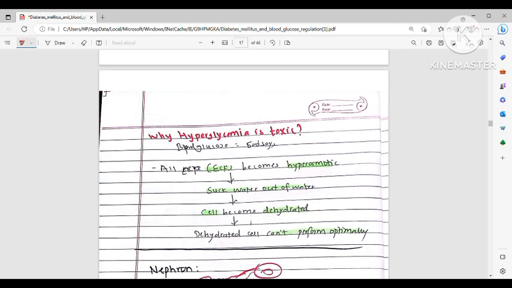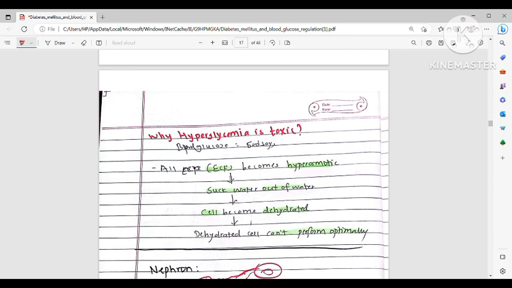Let us discuss why hyperglycemia is toxic to the body. We know that normal blood glucose level is 70 to 140. Let us say the blood glucose level is 500 mg per dL, then all extracellular fluid becomes hyperosmotic.